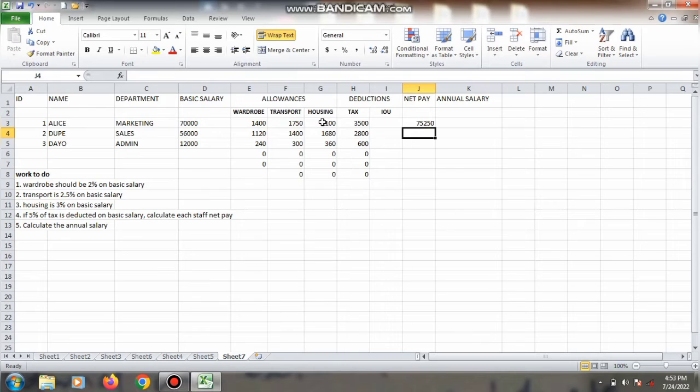But this is not our final answer. It needs to take away the tax deduction. Just go to your formula bar. You can now input minus H3. Do you see? Minus H3. Enter. It reduced to 71,750. I think with this, I have answered our question. As you could see, very simple.